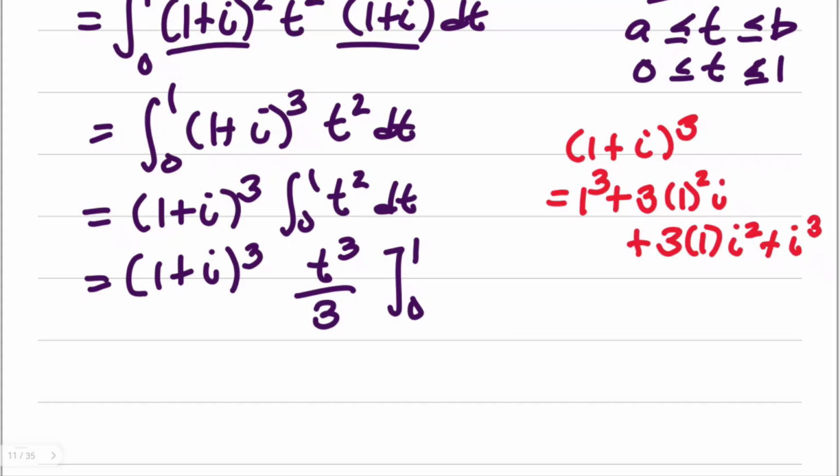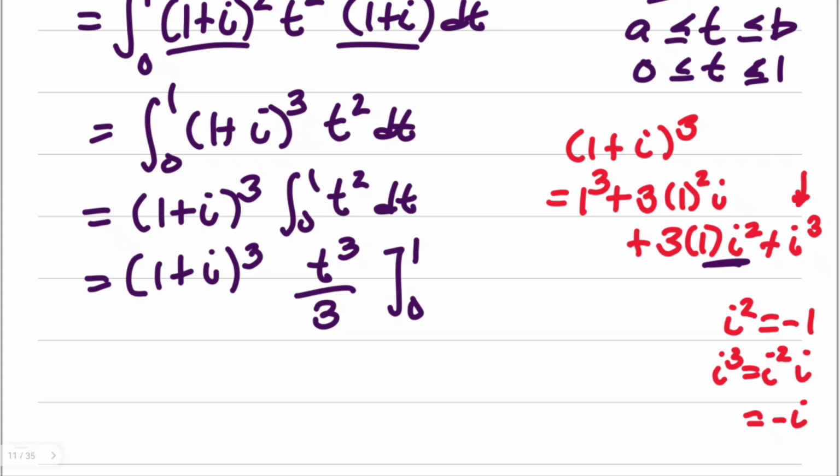We're doing this so that we can always recall that i squared is negative 1. We'll have to simplify this further. At the same time, our i cubed is equal to i squared times i. And since i squared is negative 1, you have here negative i for your i cubed.